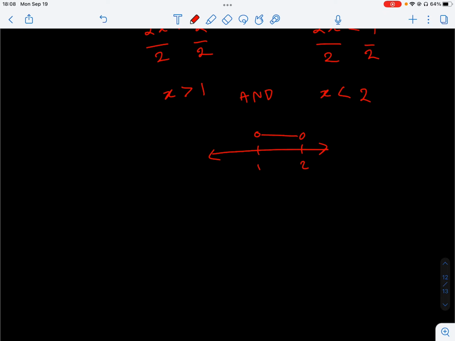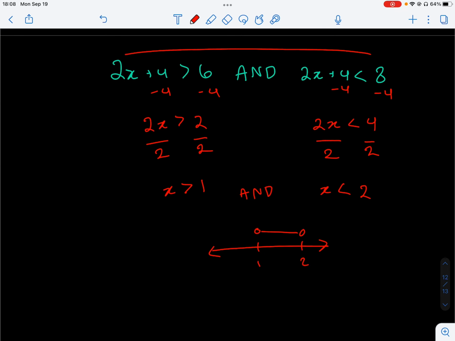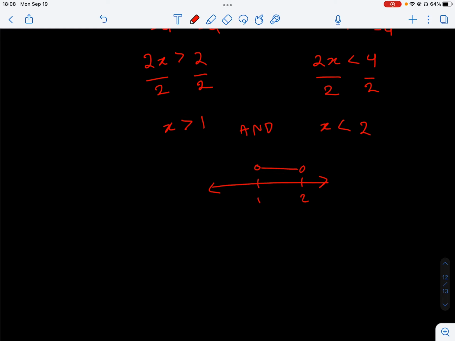And great, cool. However, this little notation here can actually be used right away. Because if you notice, we have numbers here that are sort of acting as bounds on this same expression. We have 2x plus 4, we have 2x plus 4.